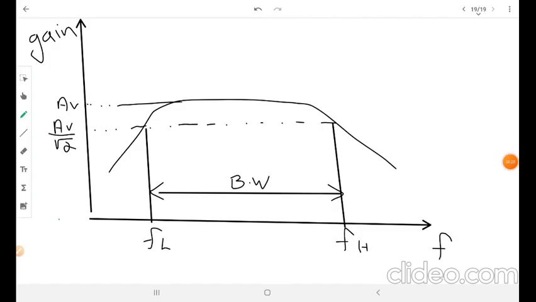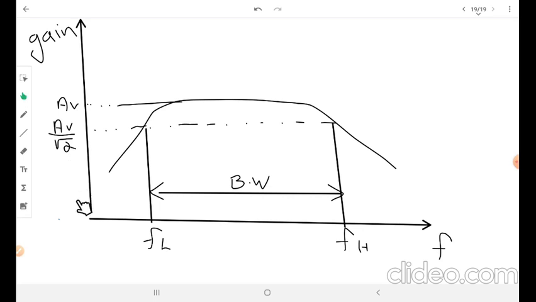See here, this is the frequency response of an amplifier. This is the lower cutoff frequency, this is the upper cutoff frequency. On the x axis frequency is marked, on the y axis gain is marked. This is the maximum gain of the individual section AV, and at the lower and upper cutoff frequencies the gain is reduced by a factor root 2, AV by root 2. Then in a cascaded amplifier, what is happening to the gain and bandwidth?